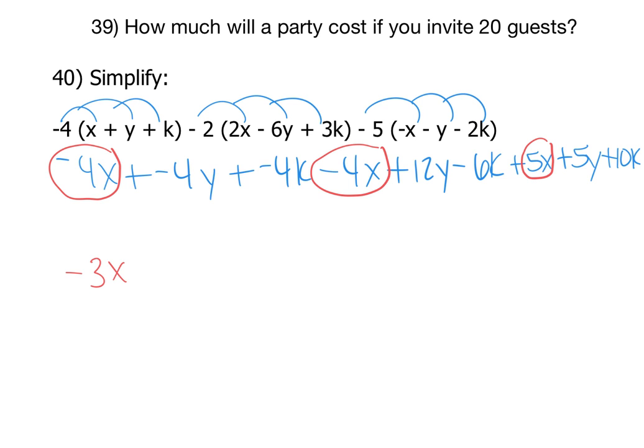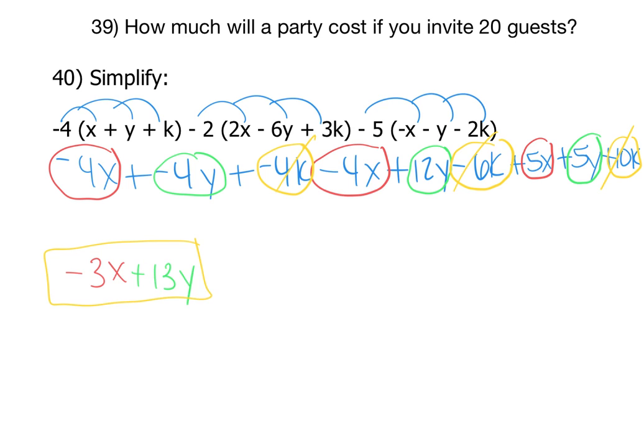Then if we do our y's together, that'll give us 12 and 5 is 17, and then you subtract 4, you'll have 13y. And then the final one, we'll put our k's together. So negative 4k and negative 6k is negative 10k, plus a positive 10k. They're actually all going to go away. And so that would be our final answer.